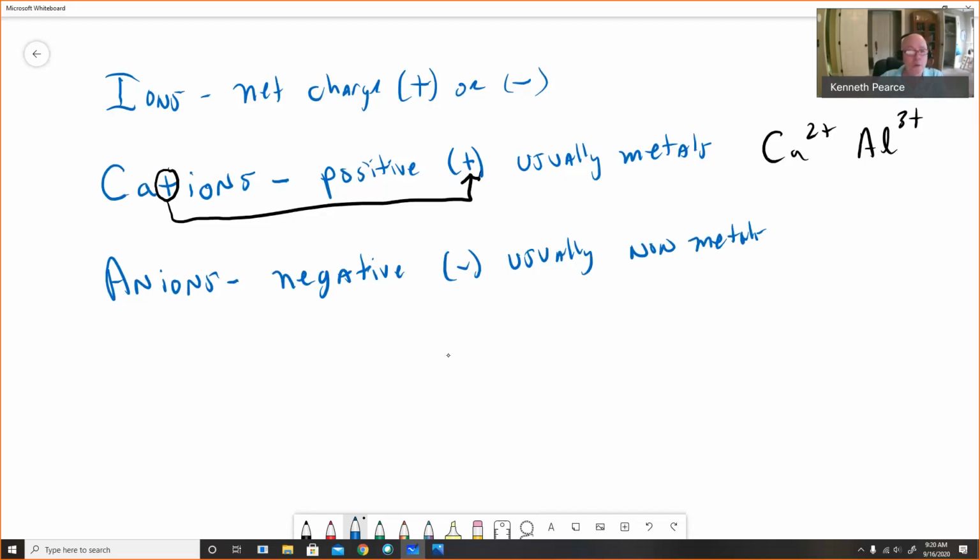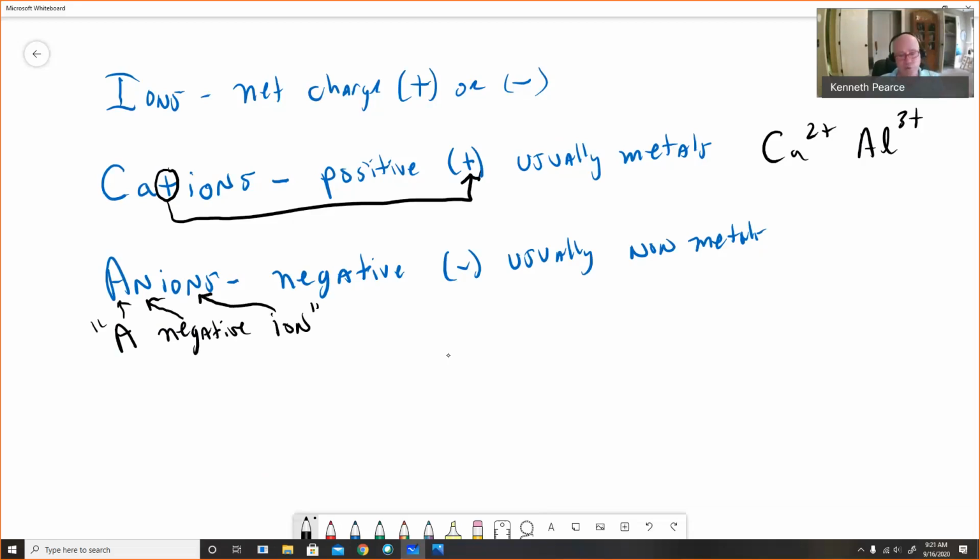And the way we're going to remember anion is in the word itself. This was pointed out to me by someone some years ago. You can say a negative ion. Do you see that? A negative ion. It's in the word. A negative ion. Anion. Okay?